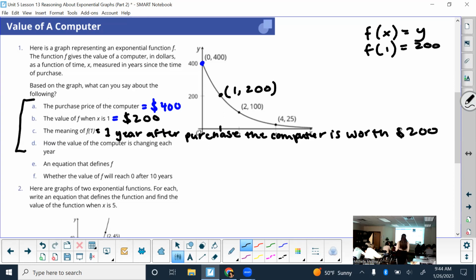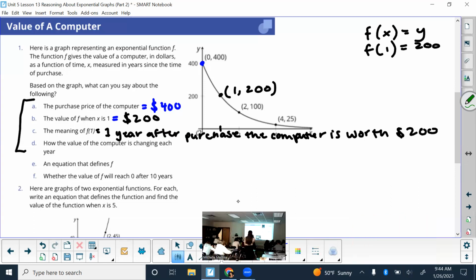How does the value of the computer change each year? Okay, say something.